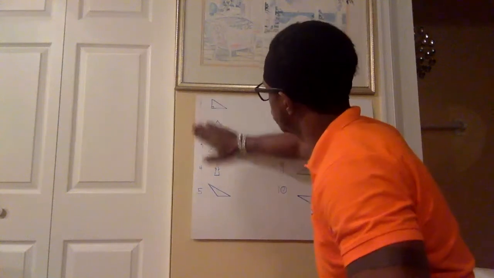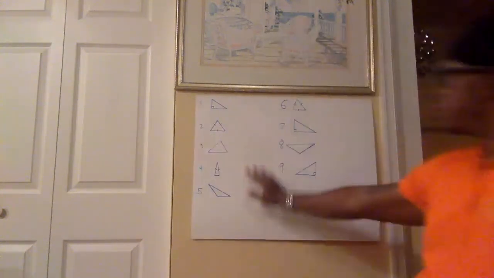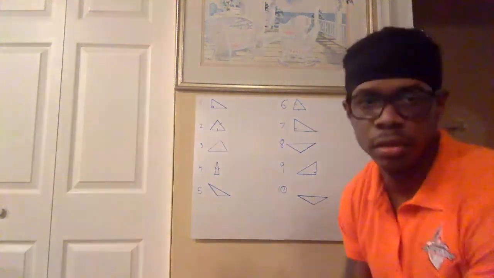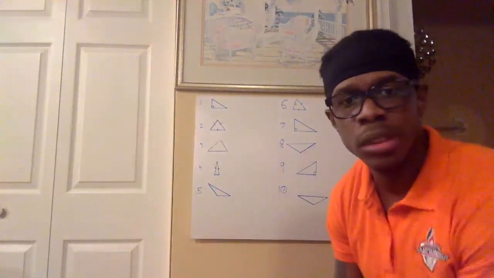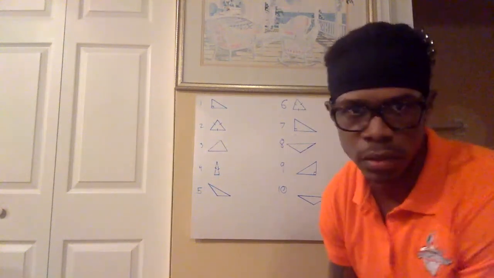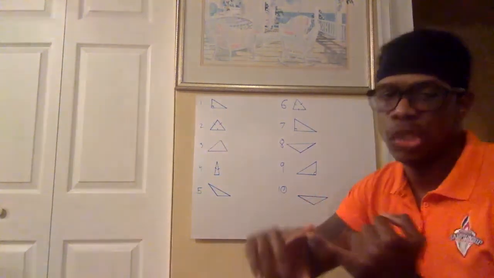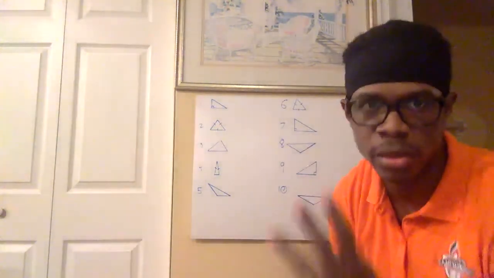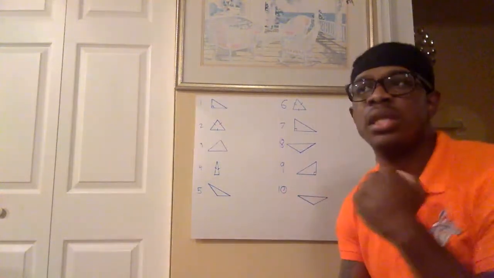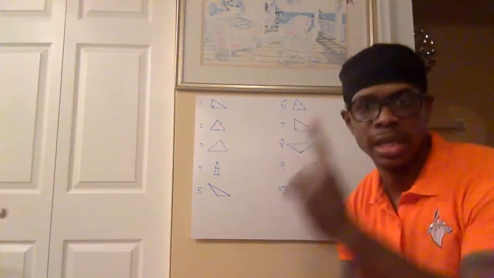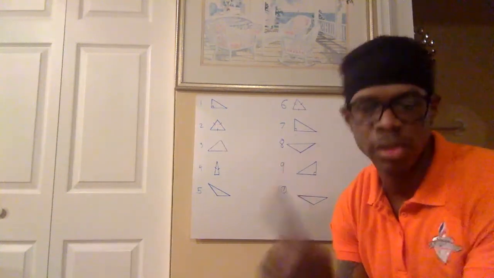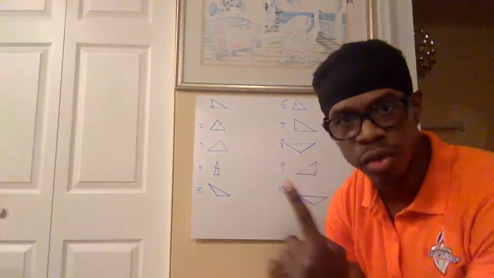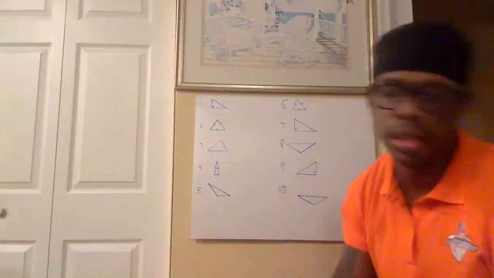All right, so with these 10 triangles on the board for now, I want us to only define by angles. So I only want to know if it's an acute triangle, which is a triangle that has 3 angles that are less than 90, if it's a right angle triangle, meaning it has one angle that's 90 degrees, or if it's an obtuse triangle, which has one angle that's greater than 90 degrees and less than 180.